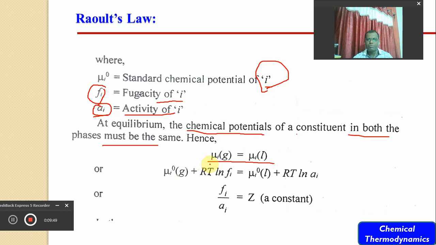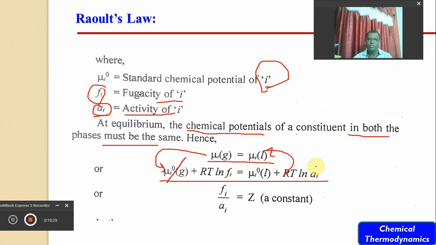We already have equations for the chemical potential of i in the gas phase and in the liquid phase, and if we put these values in this equation, we will get the result. As the component is the same, its chemical potential is the same, and that's why their standard chemical potential will also be the same.